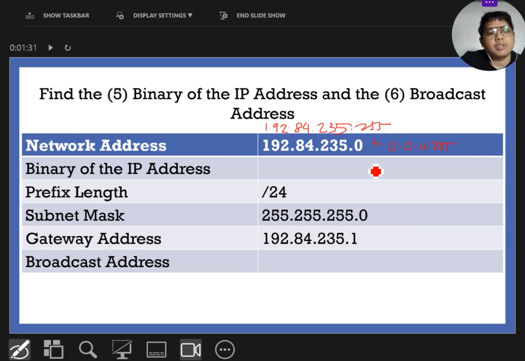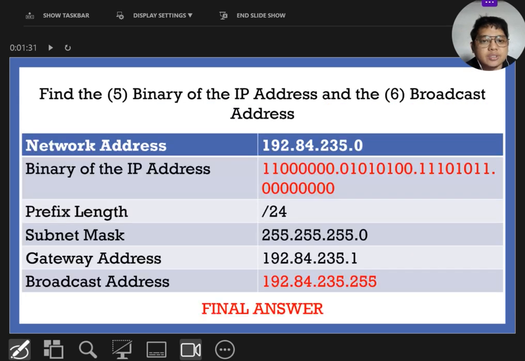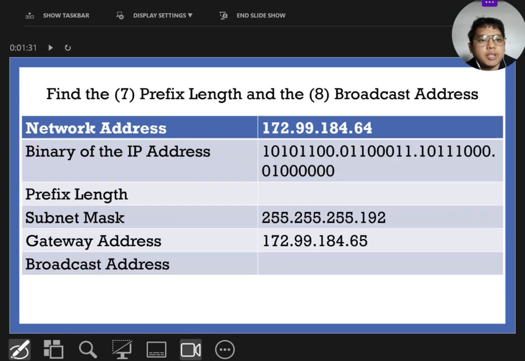So our broadcast address is 192.84.235.255. Okay, so this is our final answer. Here is the binary of the IP address, and our broadcast address is 192.84.235.255.